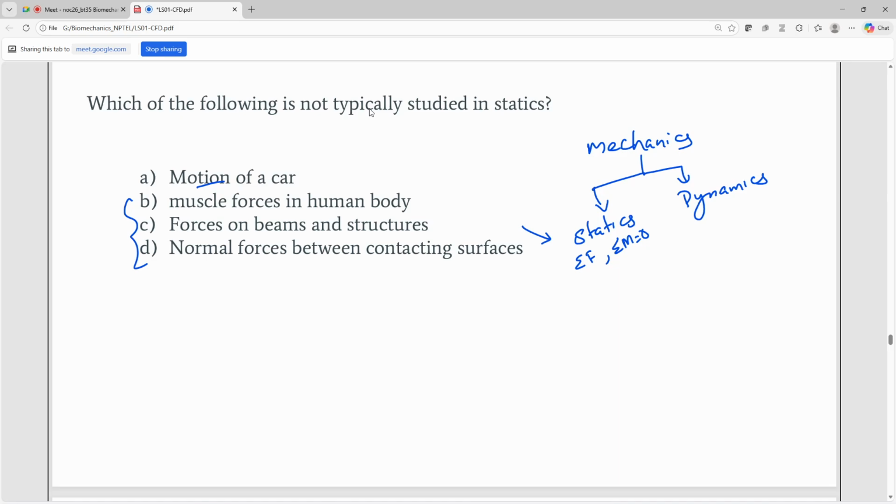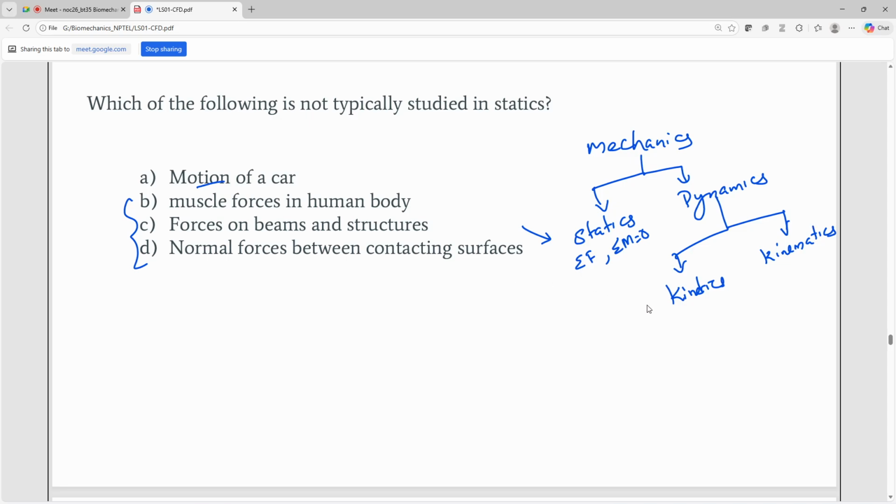And again, there are different branches of dynamics also. This is called kinetics and kinematics. Why I am explaining this is, I have given the outline for the weeks.